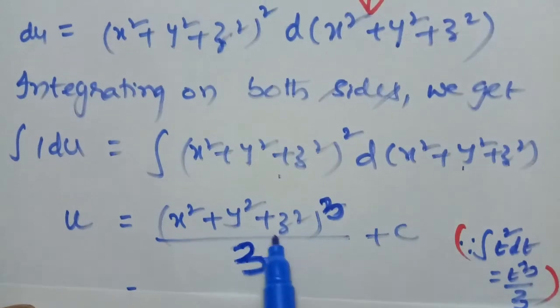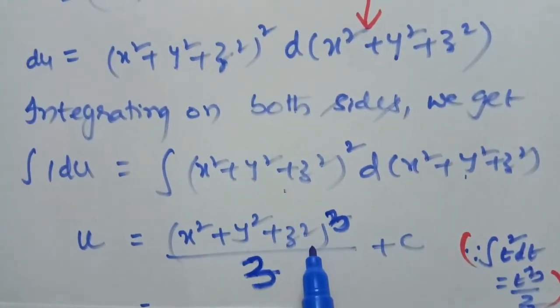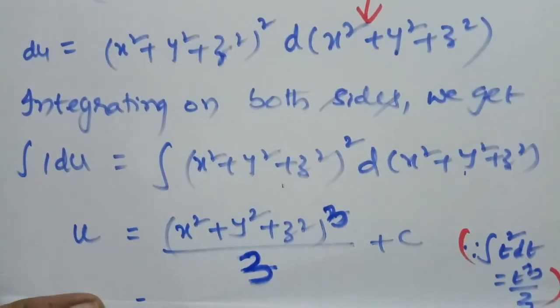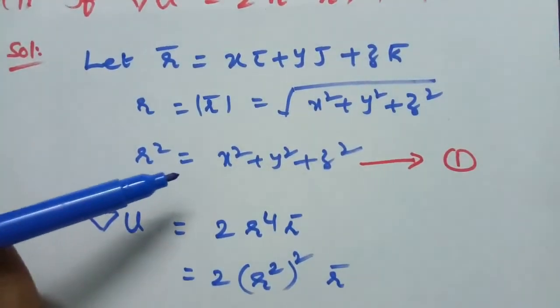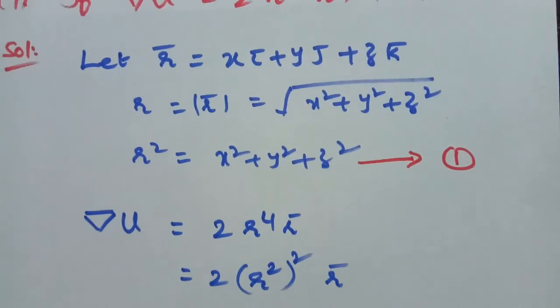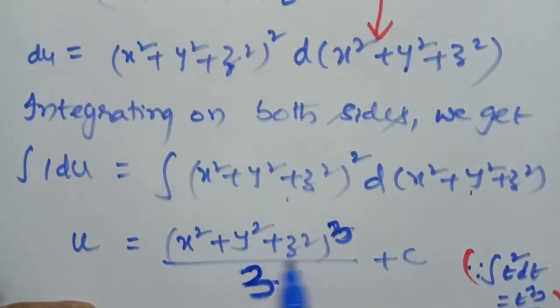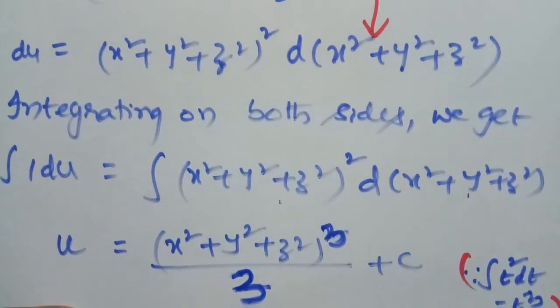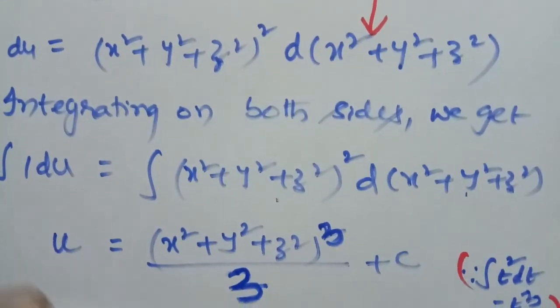But x² + y² + z² is equal to r² in equation number 1; r² is equal to x² + y² + z². Substituting, this is equal to (r²)³, and (r²)³ becomes r to the power of 6.